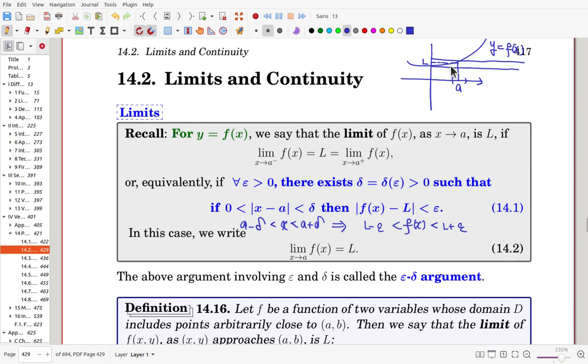In this way, we define the limit. Because always inside this strip, by taking epsilon very small, you can say that the function values around the point a are now around L. So that is the epsilon delta argument for the definition of a limit.